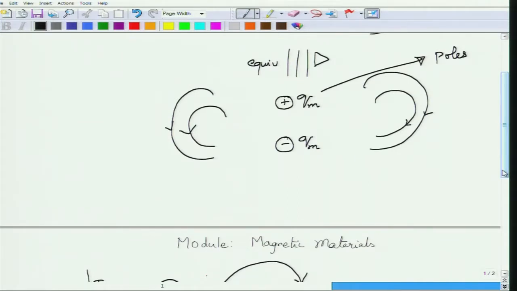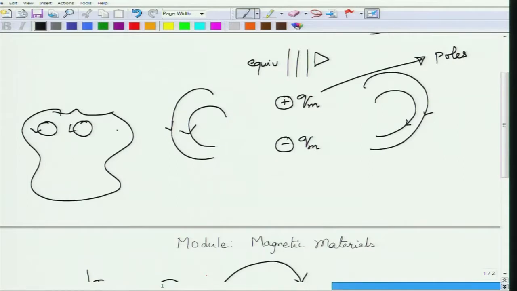If you think of any magnetic material, just as we did for the dielectric materials, you can think of it as consisting of tiny current loops. Where are these current loops coming from? Well, matter is made up of atoms, and atoms have an inner nucleus which is positively charged and an outer electron which is negatively charged, but it would be moving around.